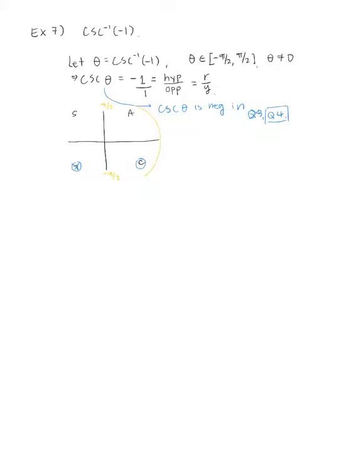Now I'm going to draw a triangle using the fact that hypotenuse is 1. Oops, why did I write that in blue? Sorry. Hypotenuse is 1, and the opposite side of the angle has length 1.